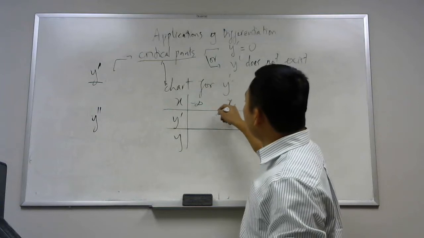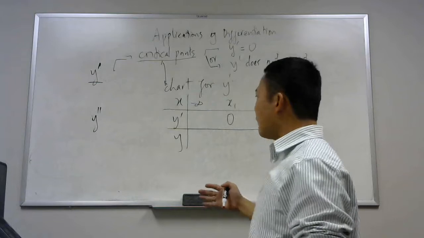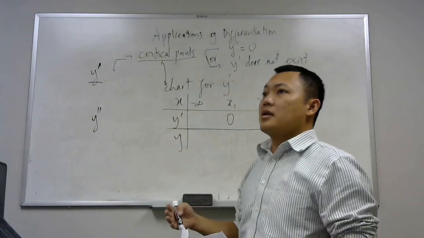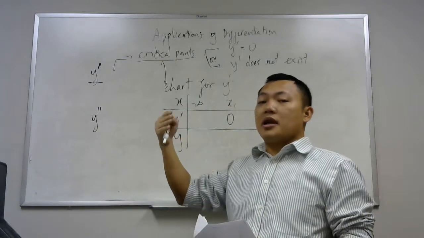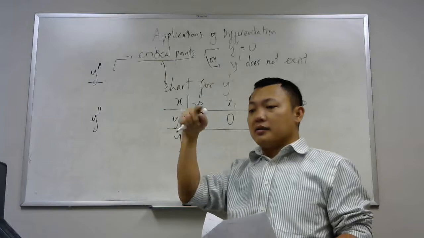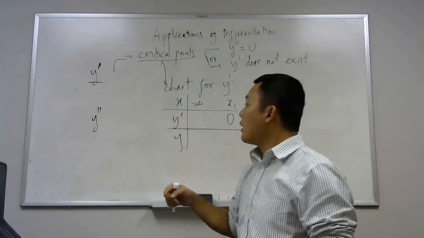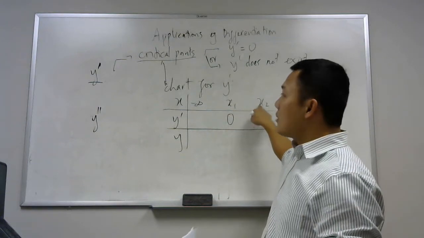So you have three intervals in here, and you need to find the sign of the first derivative in each interval. We need to find the sign of the first derivative because we want to see how the derivative changes the sign, right? Does it go from positive to negative, go from negative to positive, or not change the sign when x passes through x1 or x2, because that is important.